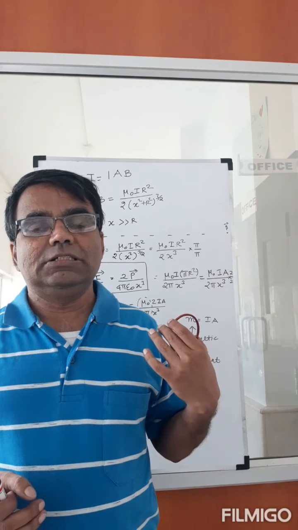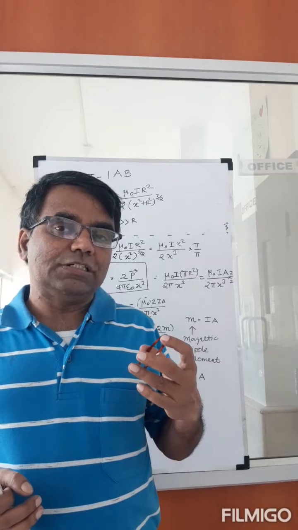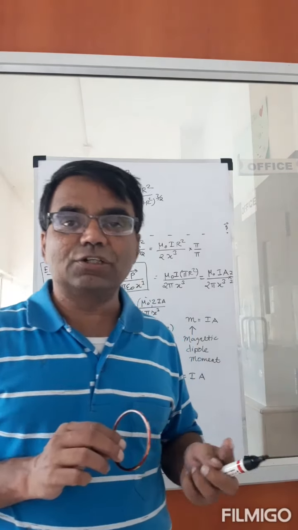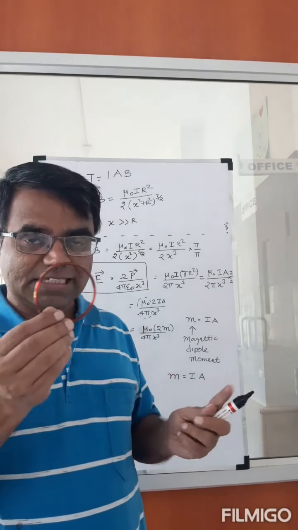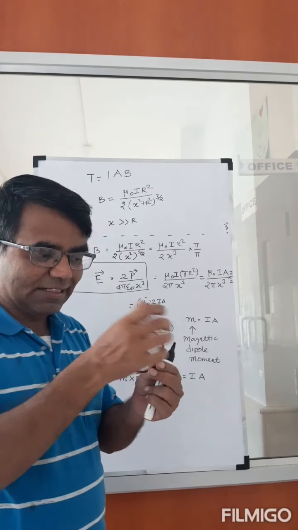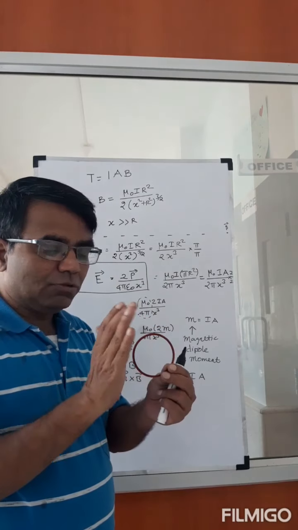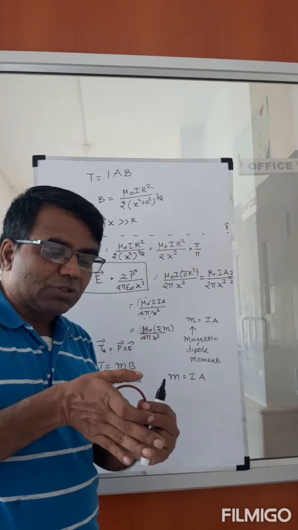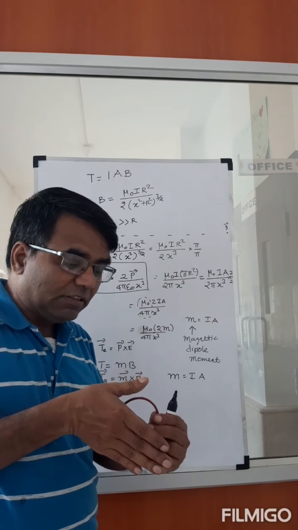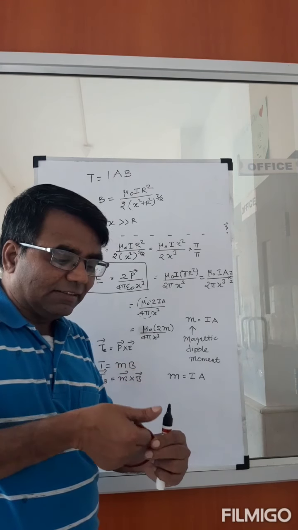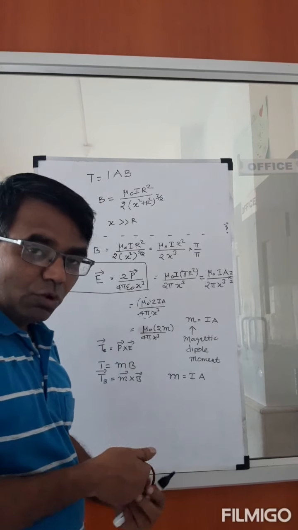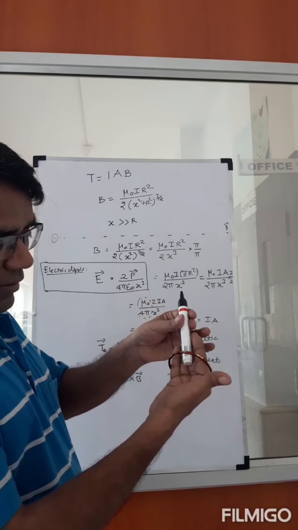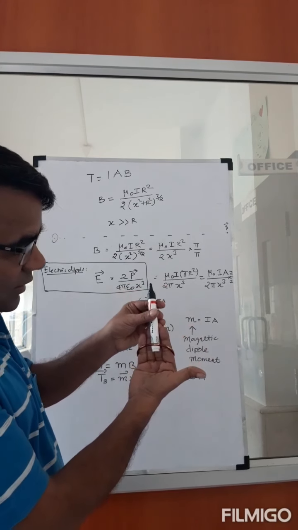To do that, I'm going to use the right hand rule again. If this is the loop, a current carrying conductor, then I use my right hand. If I use the thumb to indicate the direction of the current, then clearly the fingers will curl like this, so the normal is pointing outside.